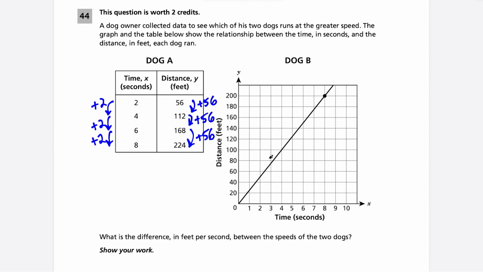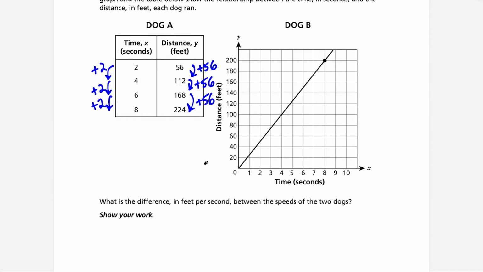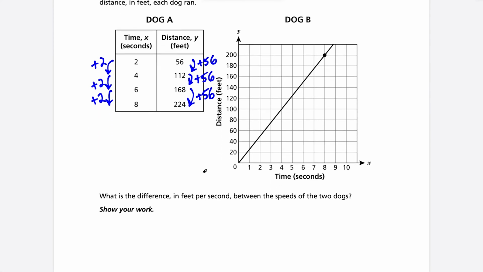And then looking at dog B, we could see that this graph is showing us a straight line. So if we're talking about the speeds of the 2 dogs, the speed is how much distance they cover over time. So let's take an entry from the table first for dog A. So it takes the dog 2 seconds to cover 56 feet. So for dog A, I'm going to show the work over here.